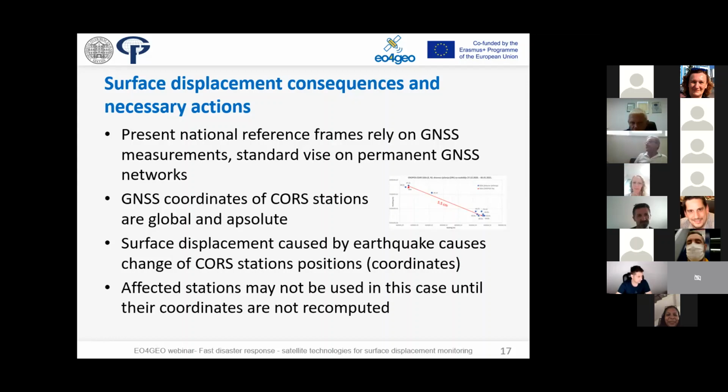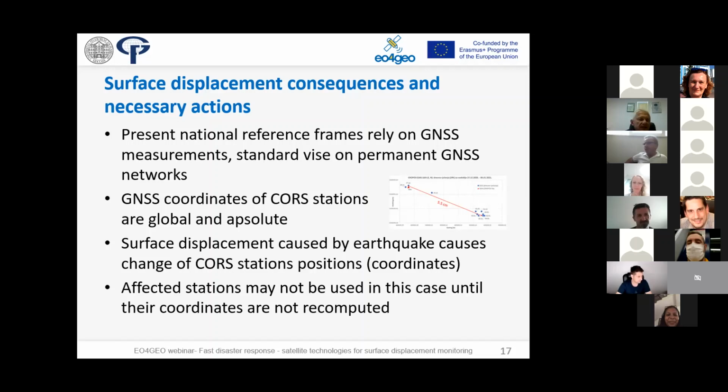Standard-wise, at least in Europe, I can say with confidence, the national reference frames rely on permanent GNSS networks, like in Croatia, on the Kropos network.